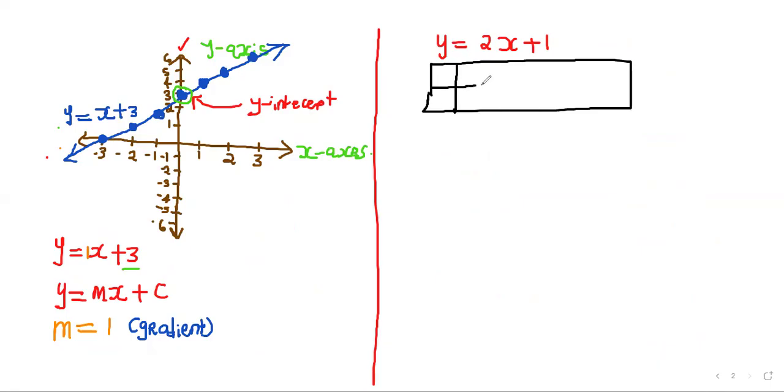So that is going to be your x right here, and then your y. You can start at -2, -1, 0, 1, and 2.